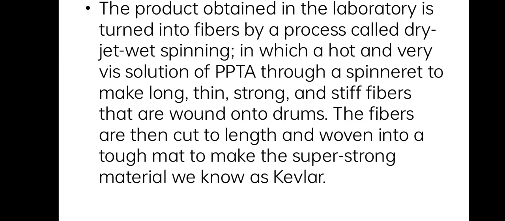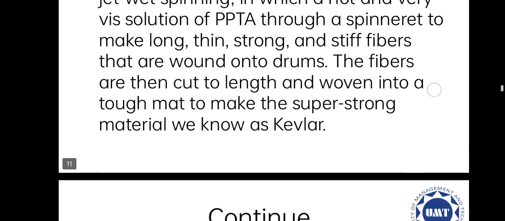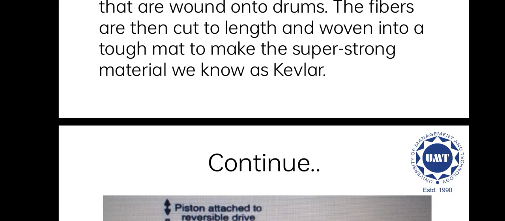We take a hot and very viscous solution of PPTA in a spinneret and make long, thin, strong, and stiff fibers, and they are wound onto drums. When that is done, we cut the fiber to length and weave it into a tough mat-like structure to make the super strong material we know as Kevlar. That was the explanation of the dry jet wet spinning method.